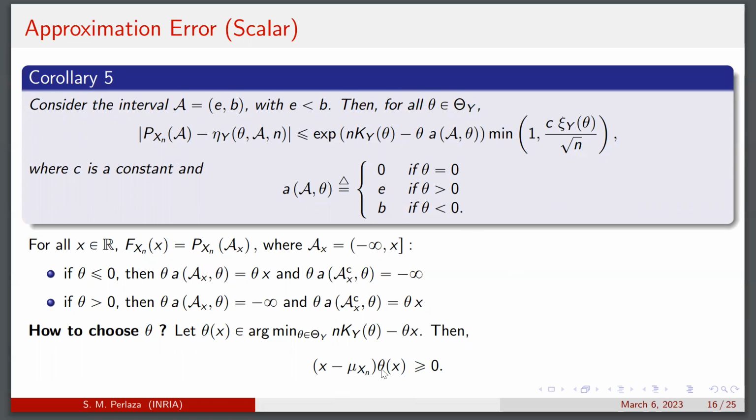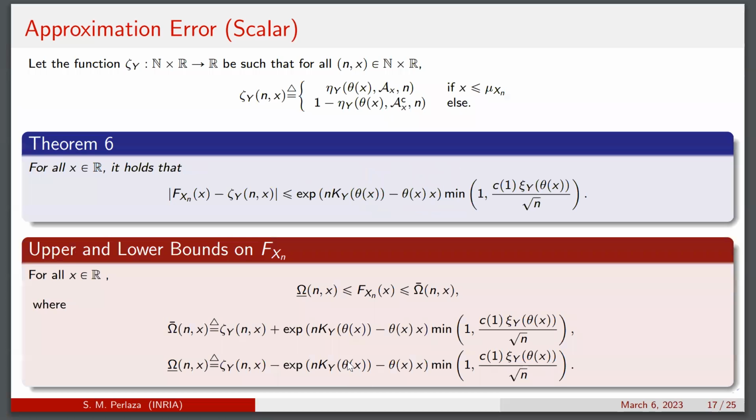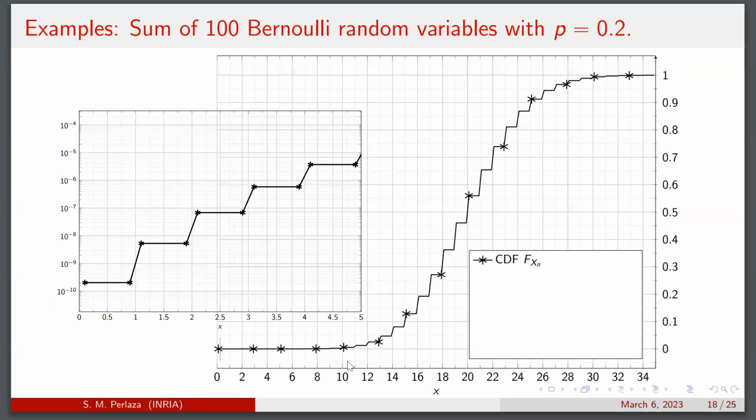So that's why sometimes we have to choose to the right of the mean or to the left of the mean. Okay, so that explains that choice that we have to make at the beginning. So these are the shape, let's say, of the previous expressions that we show for the scalar case.